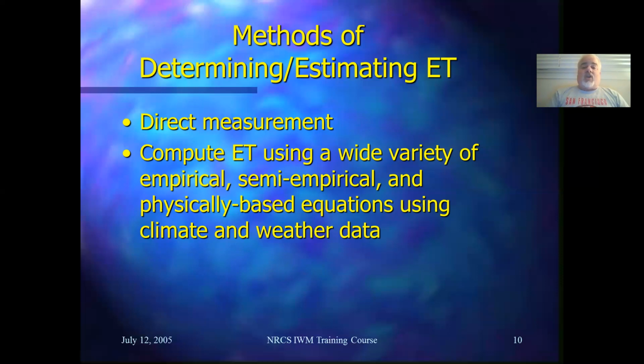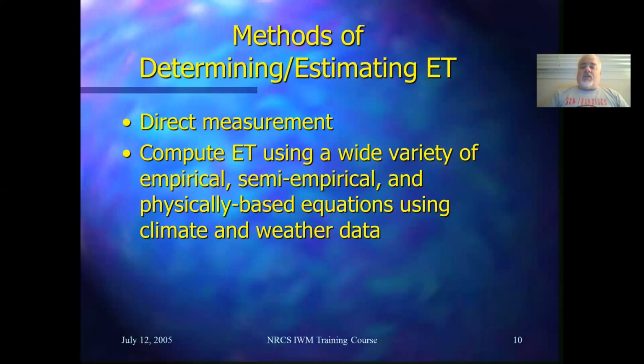And there's a device called a lysimeter that I'll show you in a slide coming up. But the direct measurement is not practical unless you're doing serious basic research. So the only people I know who have done direct measurements are universities or businesses that have collaborated with universities on a long-term research project.